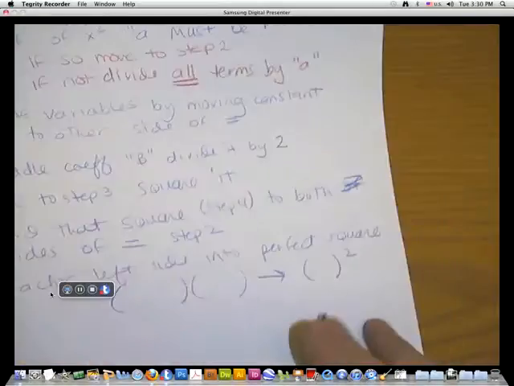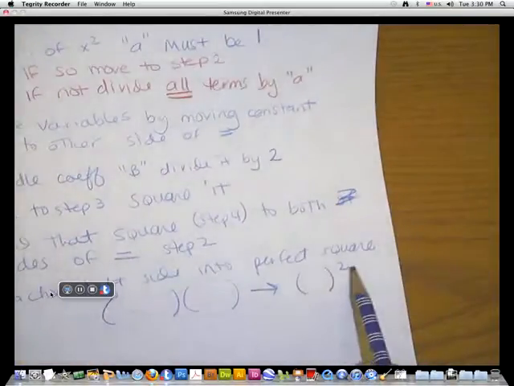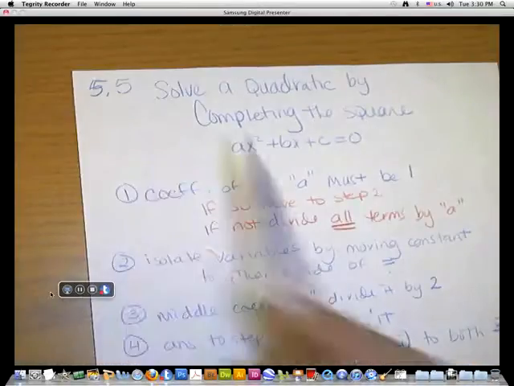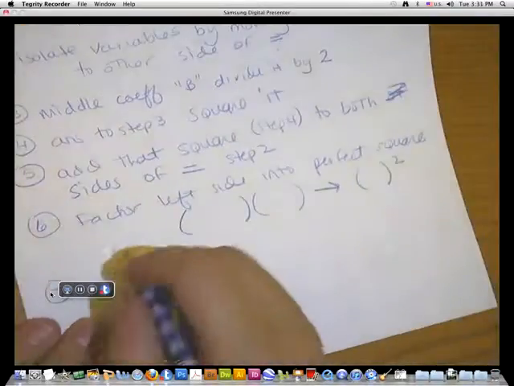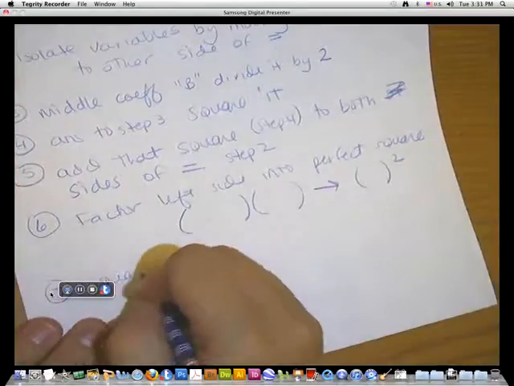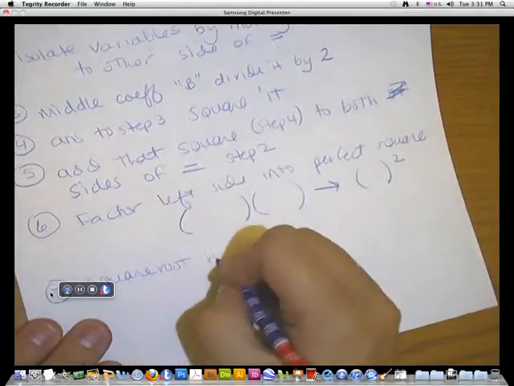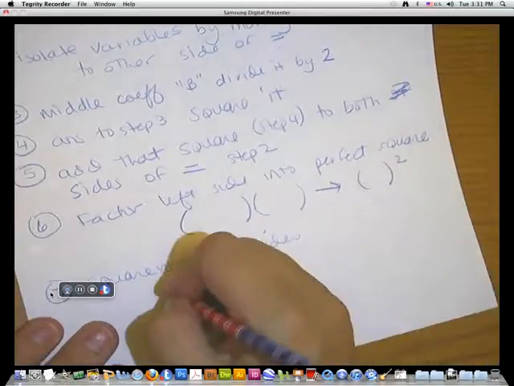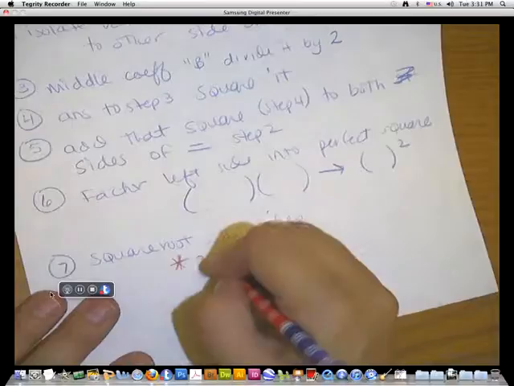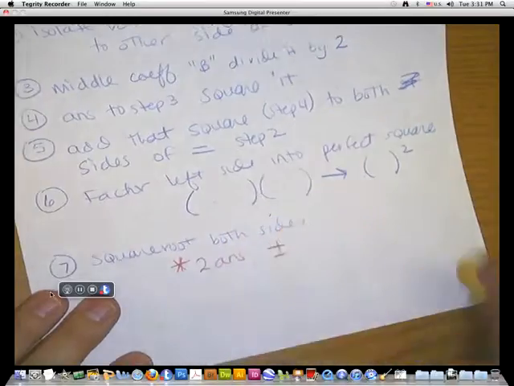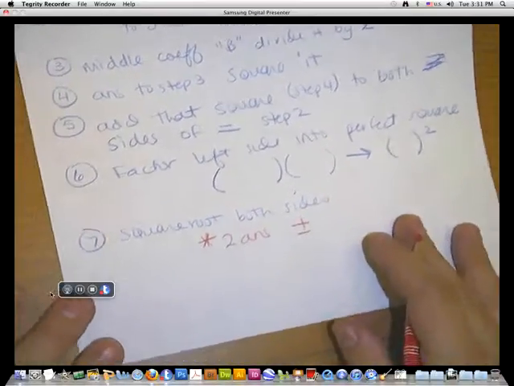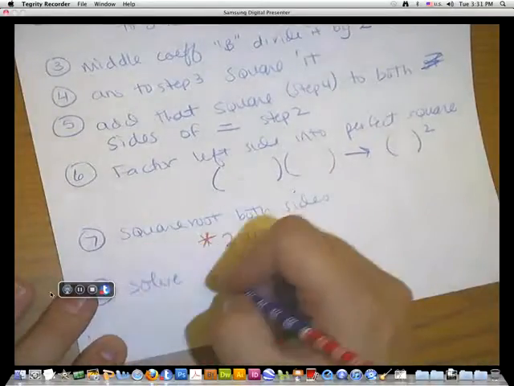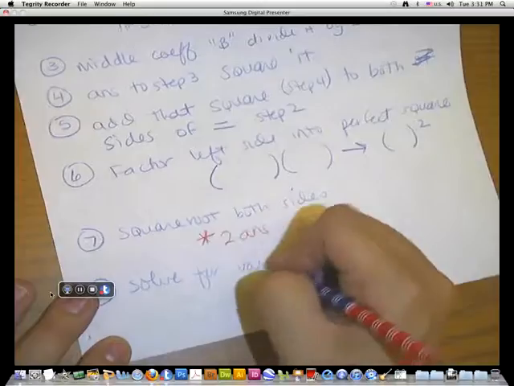Step number 7, because I now have a quantity squared and I'm solving, I'm now going to square root both sides. Remember, when I square root, I get two answers, one positive and one negative. And then number 8, last step, solve for the variable.